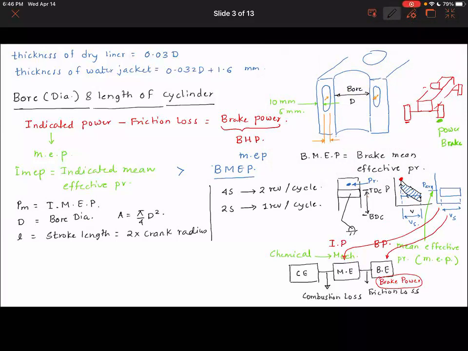So if I want to find out, N is equal to number of working strokes per minute.